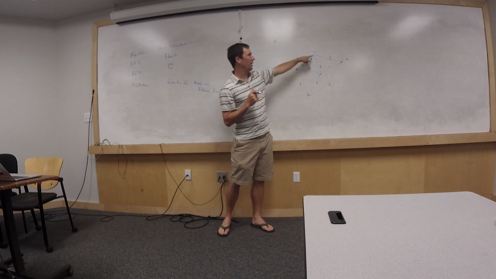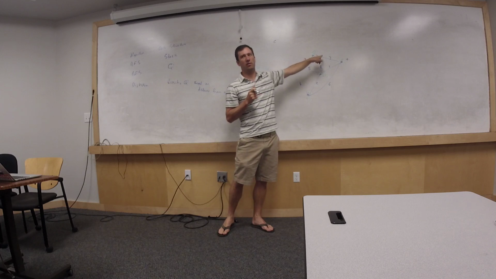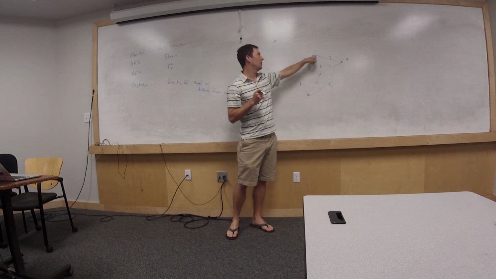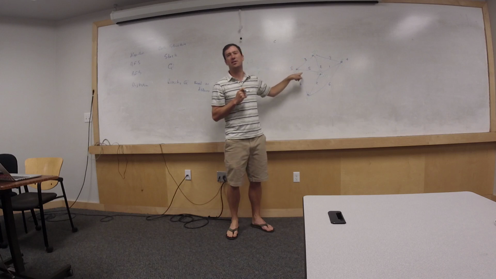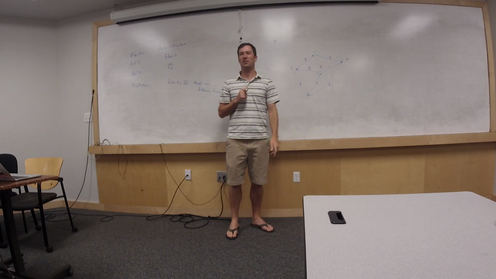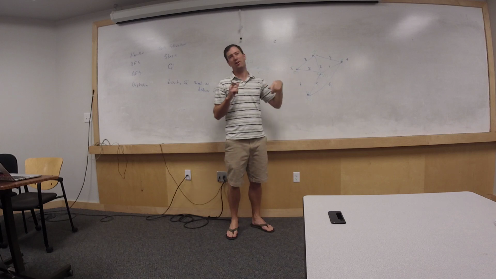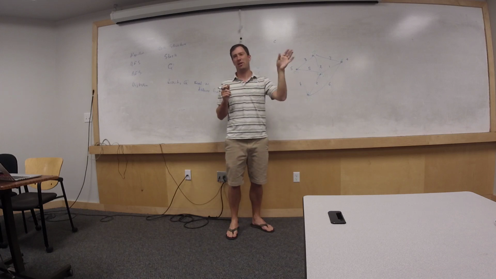It takes me 3 to get to C, and then another 3 to get to S. So path cost of 6, which is not better than 0, right? So I leave that one alone. It's not updated.